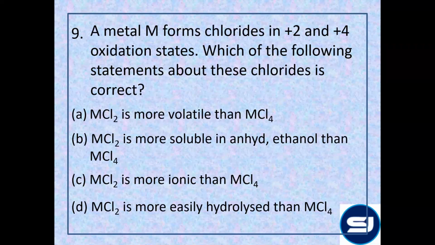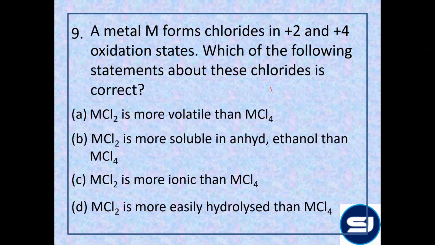High positive charge, small cation, large anion. Yes. Small cation, large anion, high positive charge are the three factors by which we can decide whether a compound has high covalent character or not.